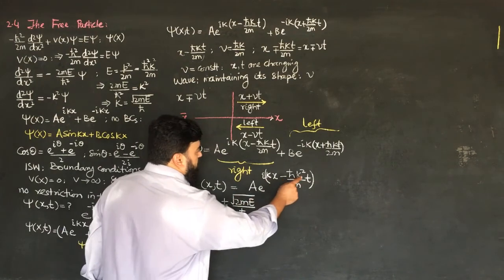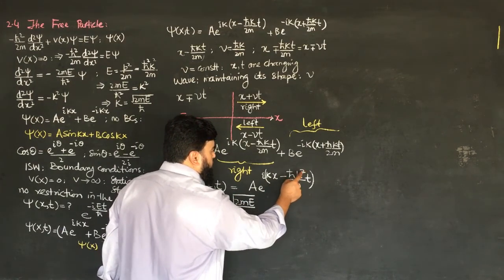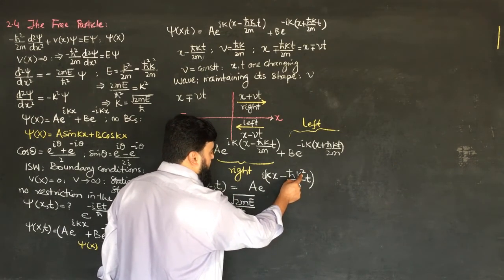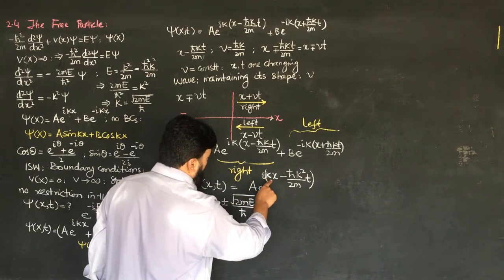Now look here, this is k squared. When k is squared, it doesn't matter whether we write plus k or minus k. Here it does matter.